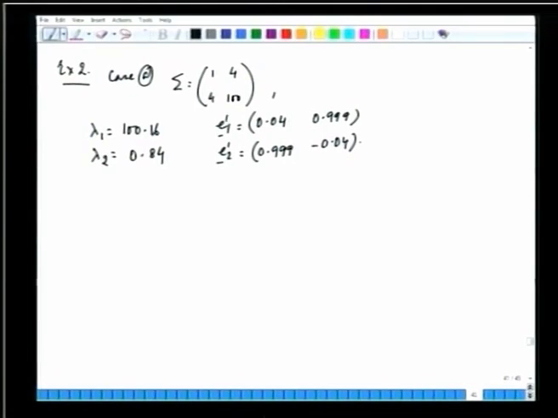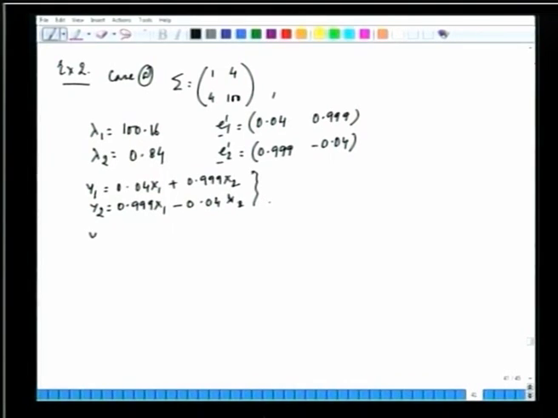So, then I consider y1 and y2. y1 is nothing but E1 prime x, which is 0.04 x1 plus 0.999 x2. y2 is 0.999 x1, just the reverse relationship, and then with the negative sign, minus 0.04 x2.